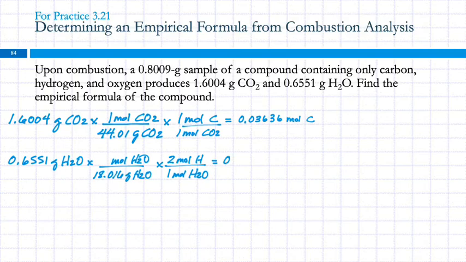So this is 0.07272 moles of hydrogen. If the compound only had carbon and hydrogen, we could take those moles and do a ratio. But there's oxygen also, so we need to figure out how much oxygen was in there.